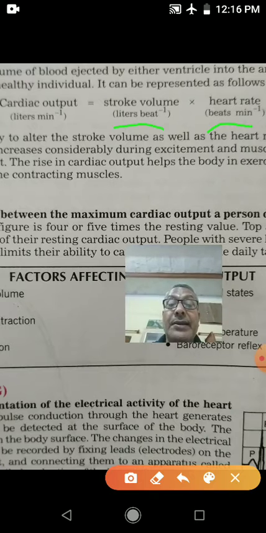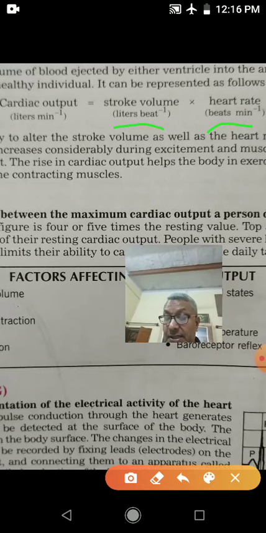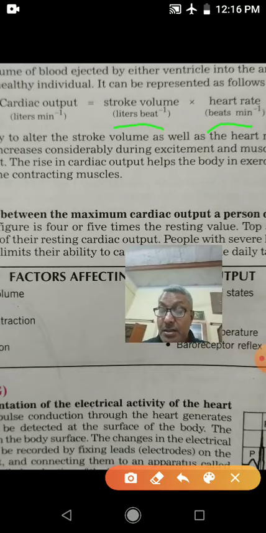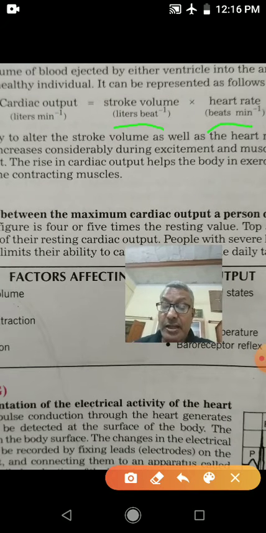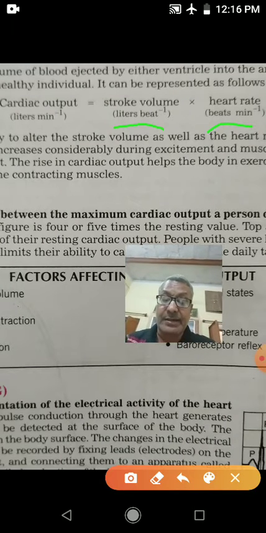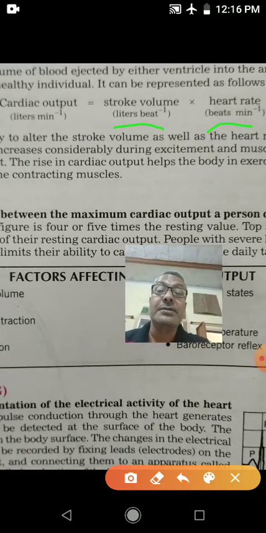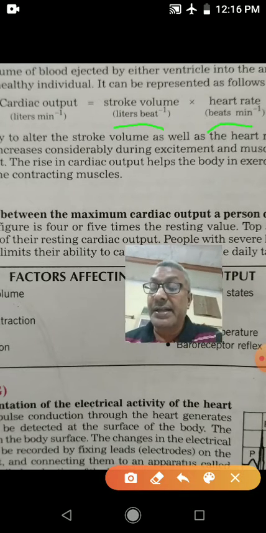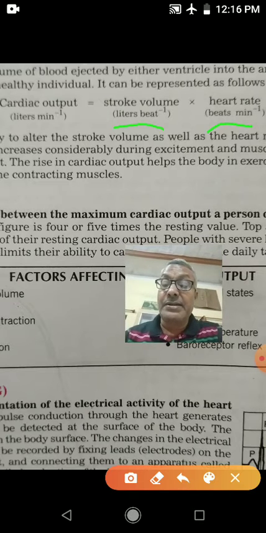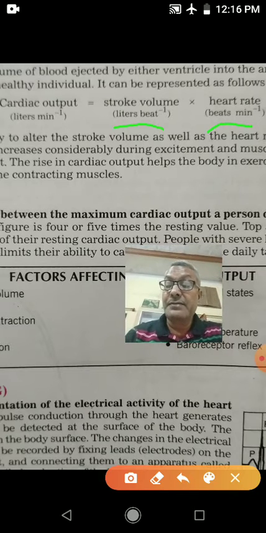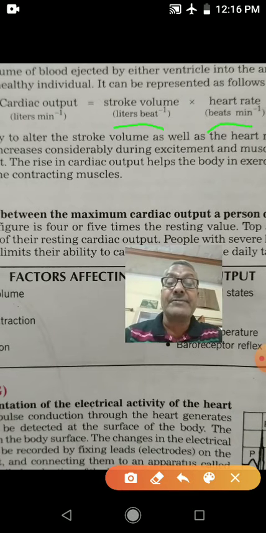I told you stroke volume is the amount of blood ejected by a ventricle during each stroke, and heart rate is the number of heartbeats per minute. The number of heartbeats per minute in a healthy adult person is 70 to 75 times per minute.